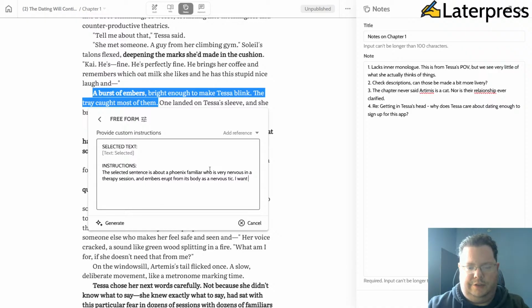I want a more vivid and colorful description. We'll see how the AI interprets colorful here.